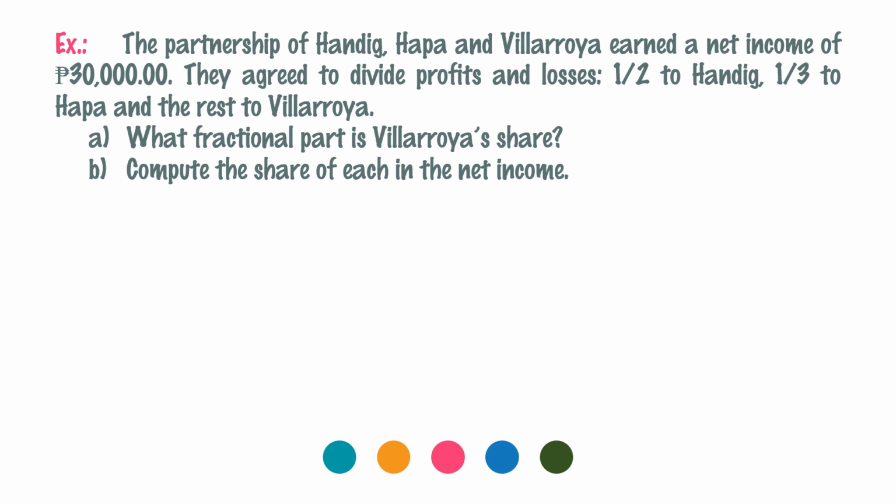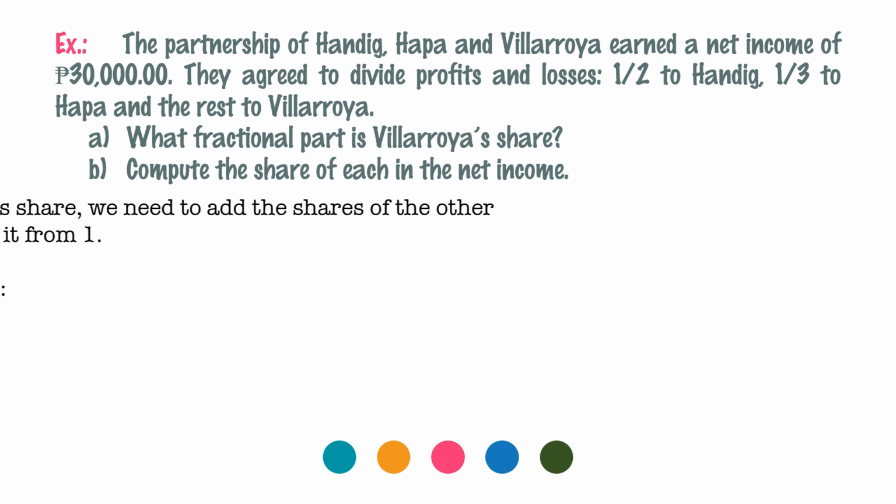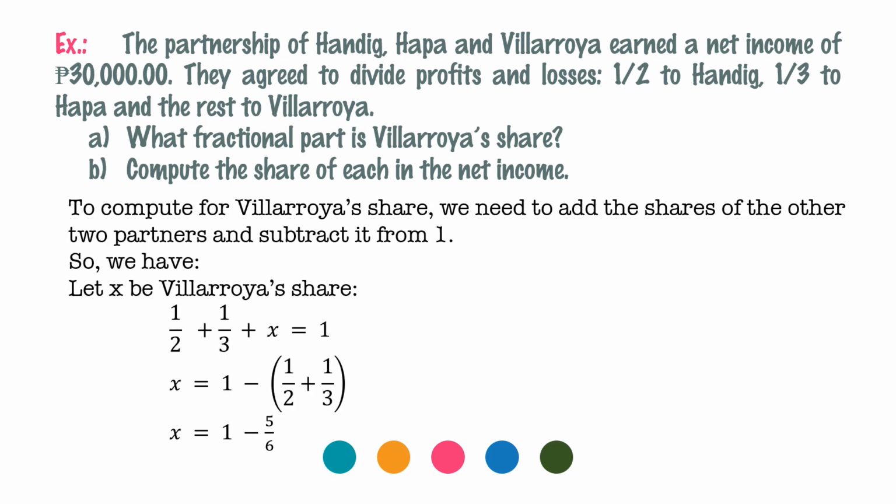So this one is a two-part problem. First, we need to determine what would be the share of Villaroya, and we compute the share of each. Okay, so let's start. To compute for Villaroya's share, we need to add the shares of the other two partners and subtract it from 1. Why 1?